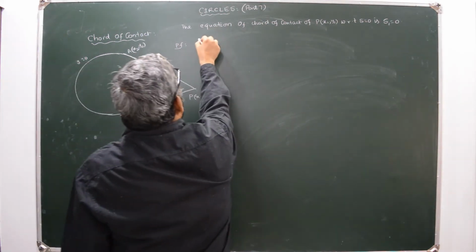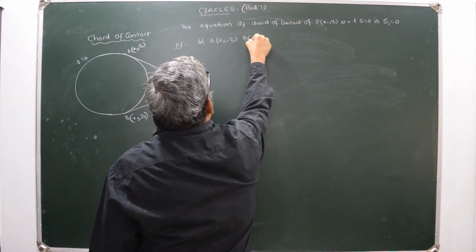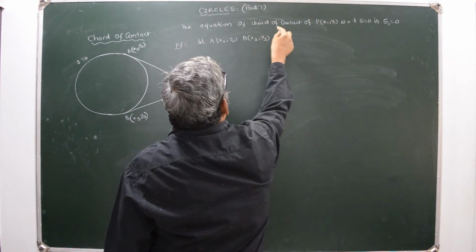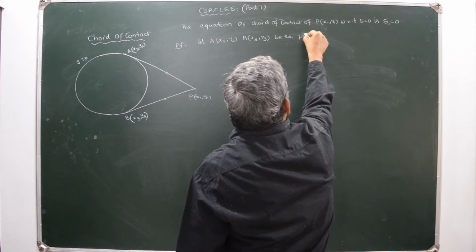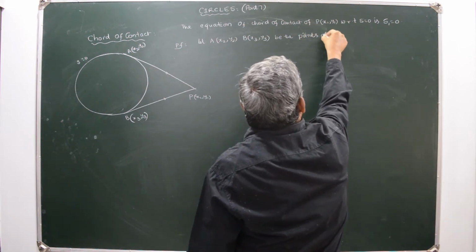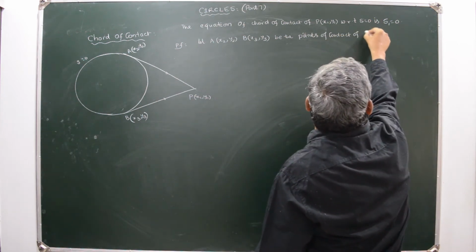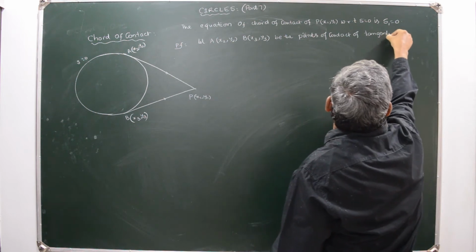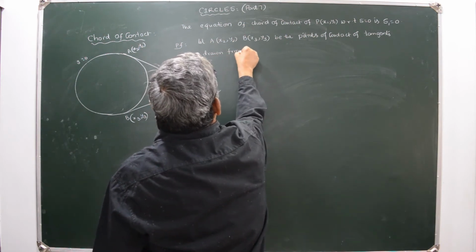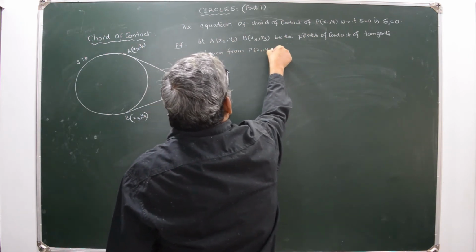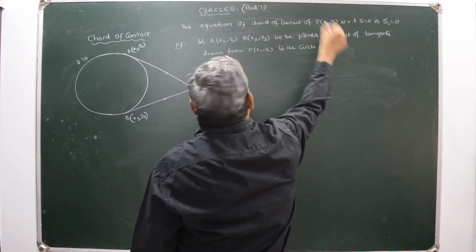Now, let A(x2, y2) and B(x3, y3) be the points of contact of the tangents drawn from P(x1, y1) to the circle S = 0.